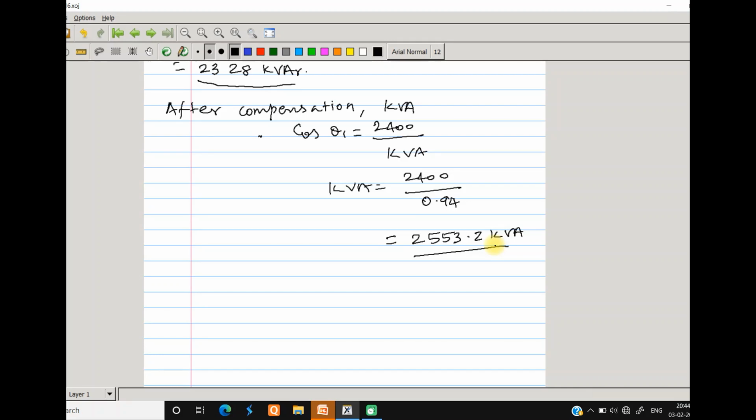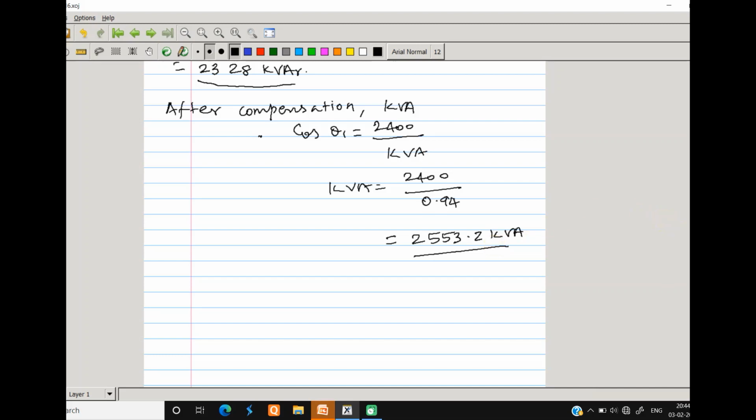So this is the kVA rating after compensation, which is raised from 2400 to 2553.2 kVA. Note that this is much less than the initial kVA demand of 4000 kVA, which we found at first.